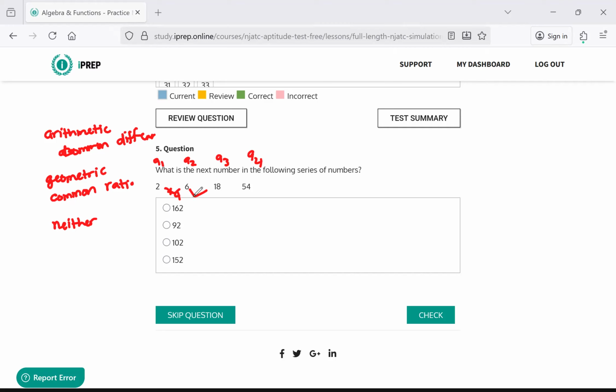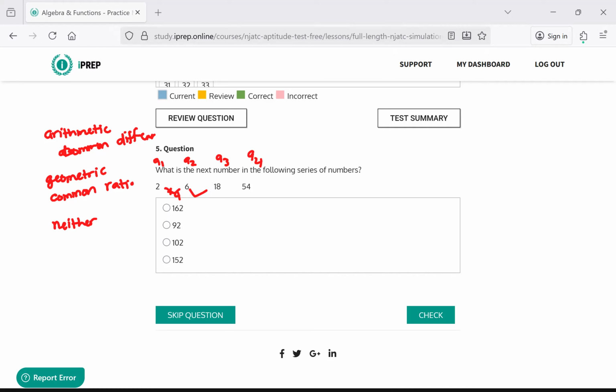And then from 6 to 18, what did you have to add or subtract? It's not consistent.